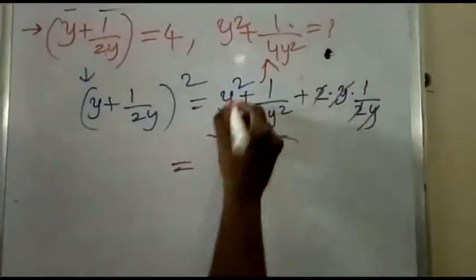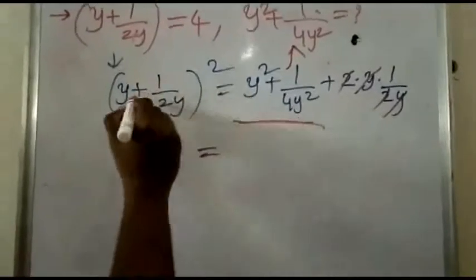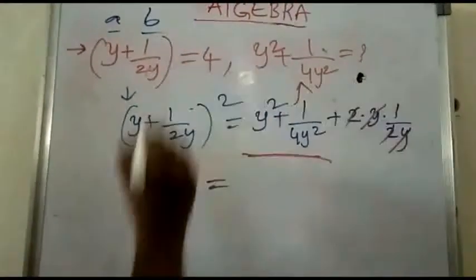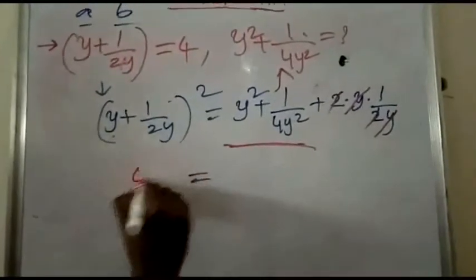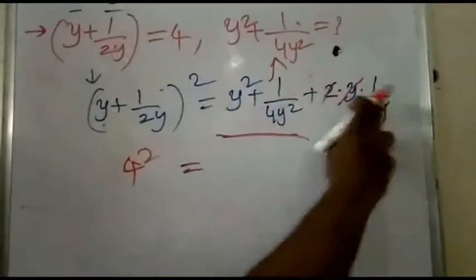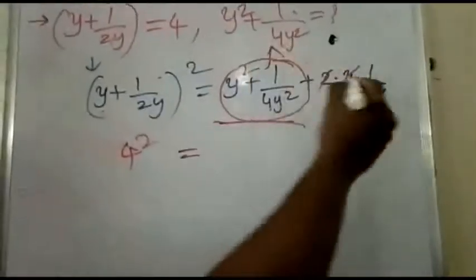So we require this, and there is a plus 1 remaining. What is y plus 1 by 2y? This is 4, so 4 square, right? What is remaining here is plus 1.